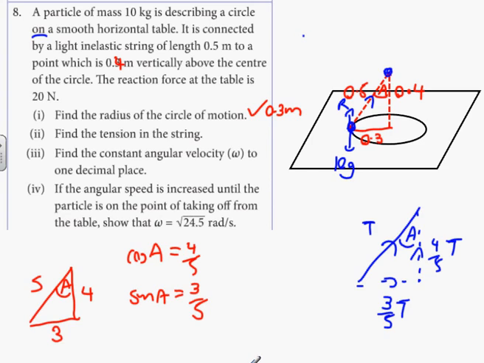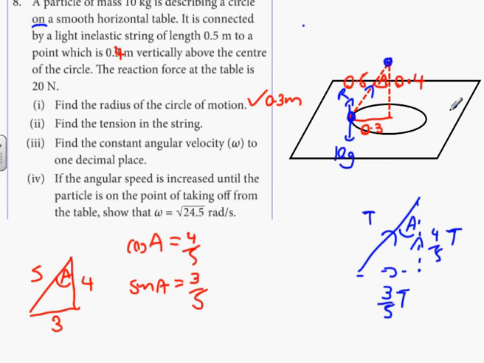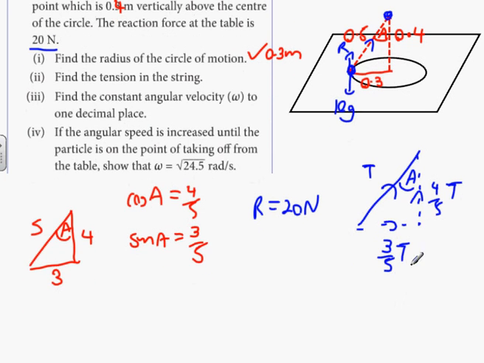Okay. So, what goes up equals what goes down. It tells us the reaction force, doesn't it? 20 N. So R equals 20 N. So, forces up versus forces down. What's going up? R is going up, yeah? R is otherwise known as 20. What else is going up?